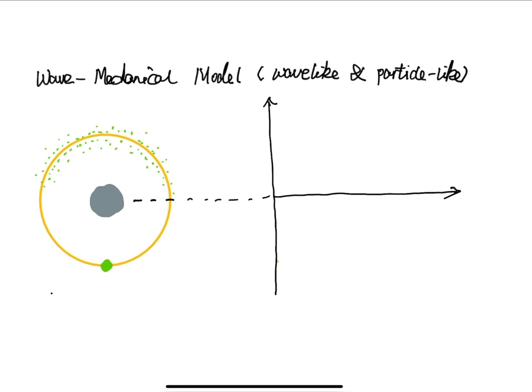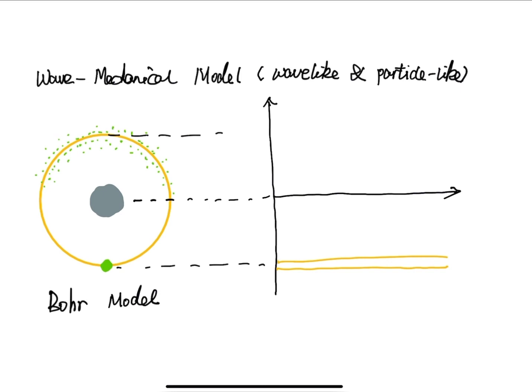With this model, an electron is no longer treated as a particle moving in discrete orbitals, like in the Bohr model. Rather, position is considered to be the probability of an electron being at various locations around the nucleus.